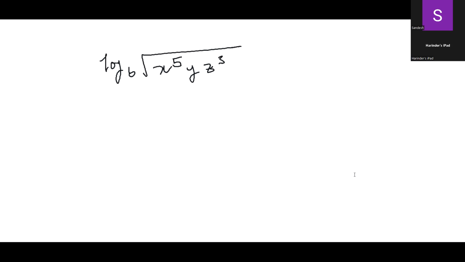Here, I'll give you a hint. First, rewrite the square root as to the power of 1 over 2, and you can bring that in the front. And then do I have to put a bracket around everything else? Mm-hmm.